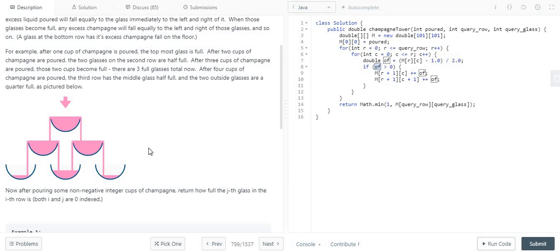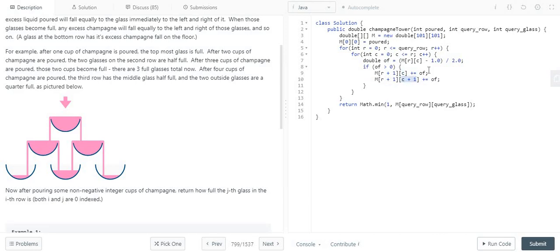In that case we have to fill the next level's first column and the next level's next column. That's why the next row, that is R plus 1, is common in both places. For the column, you take the existing column C, and you also move further by 1, so that is C plus 1.